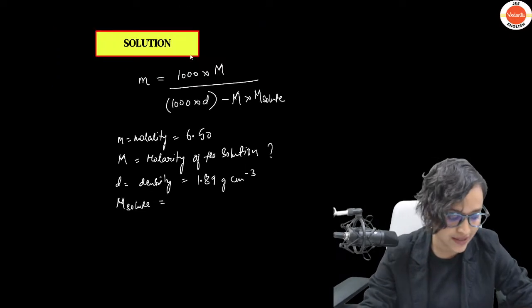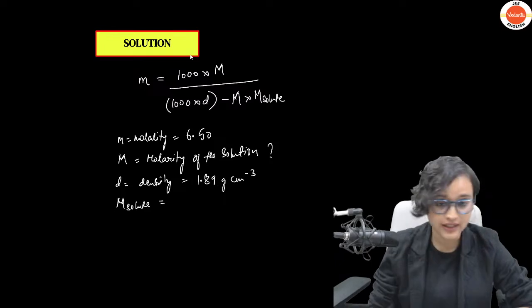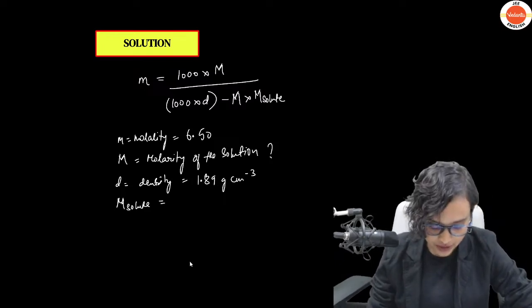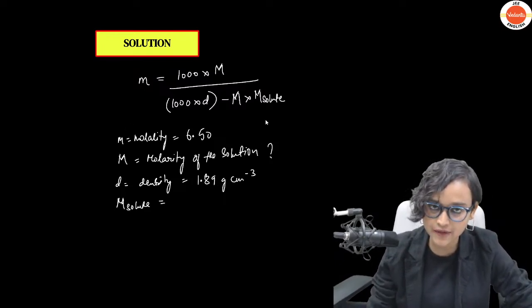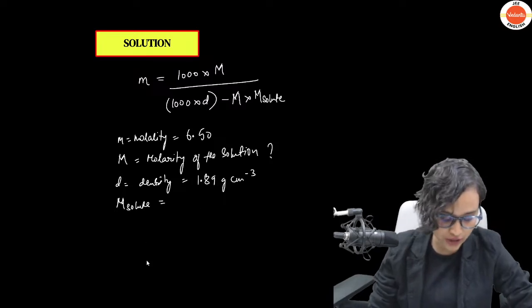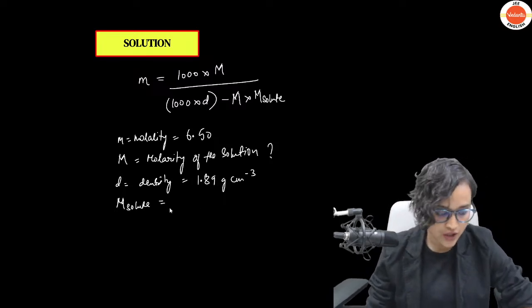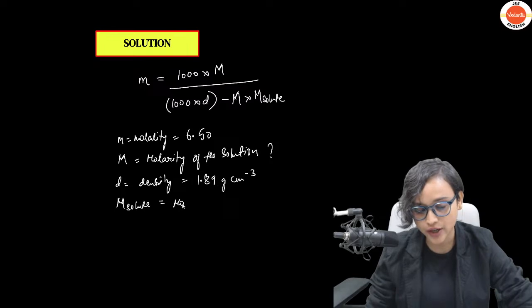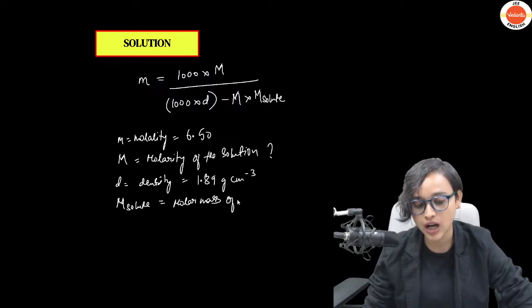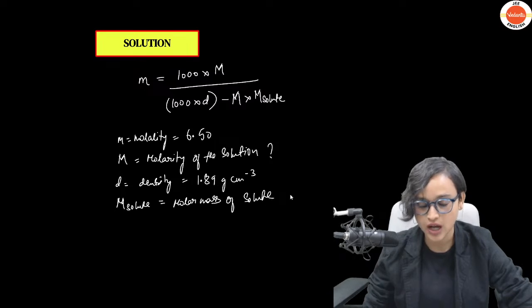This is a formula that you can use, okay? So what is M of solute? It is the molar mass of solute. How do we find it out? The solute is KOH.